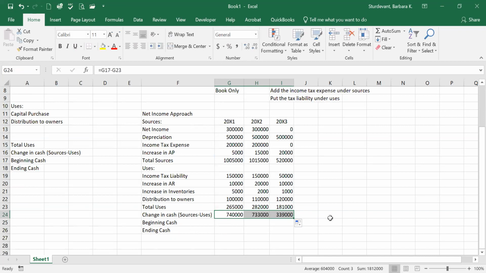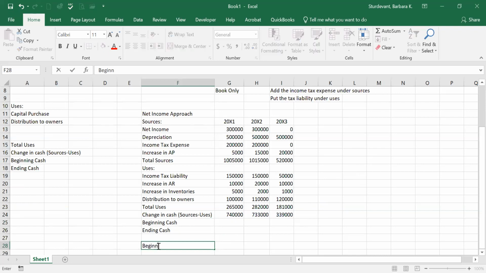I find it hard to believe that they're going to have a change in cash of 740,000 when they have sales of 5 million, but. Now this problem does not give you a beginning balance, but I'm going to put one in just so you can see how it goes. I'm going to put it down here because I know that you're going to question where this number came from.